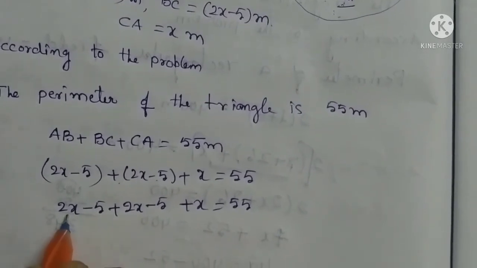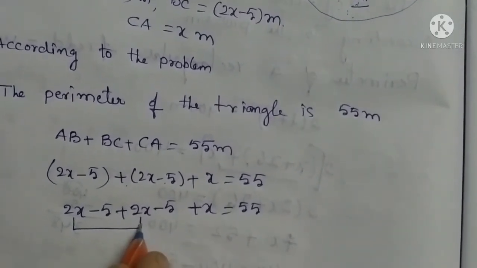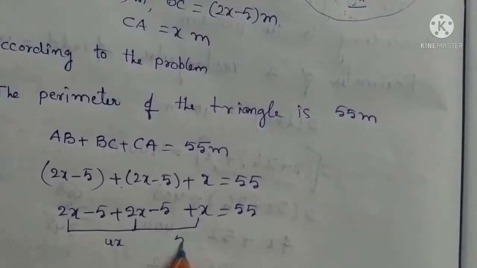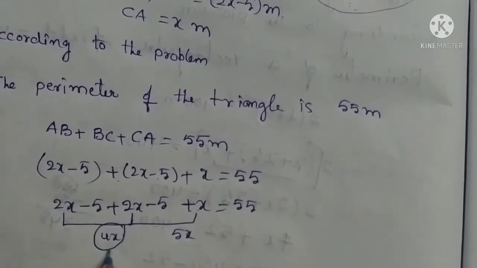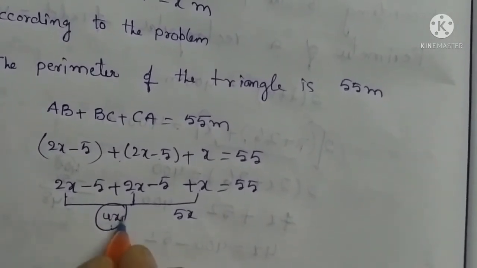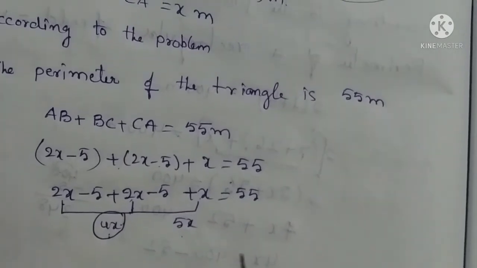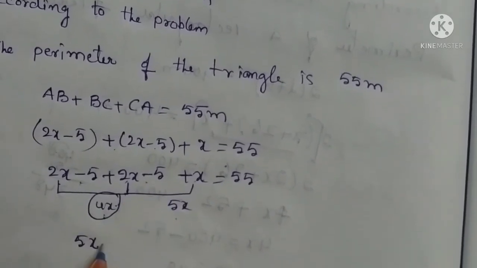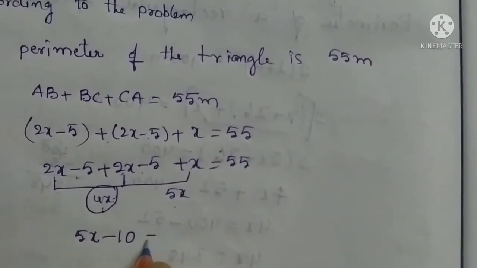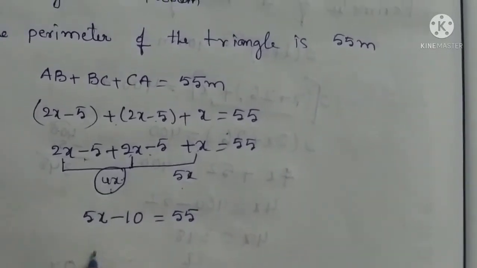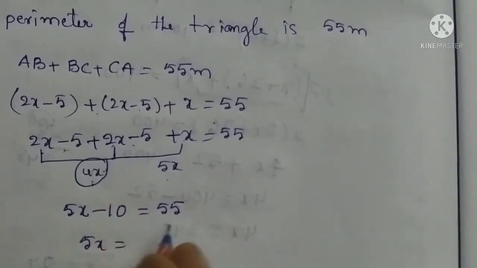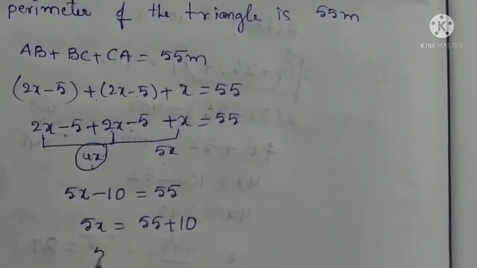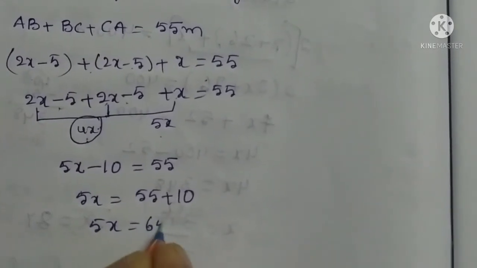First we should add the x values. 2x plus 2x is 4x, 4x plus x is 5x. Then minus 5 and minus 5 is minus 10, equal to 55. So 5x is equal to 55 plus 10, the negative becomes positive. So 5x equal to 65.